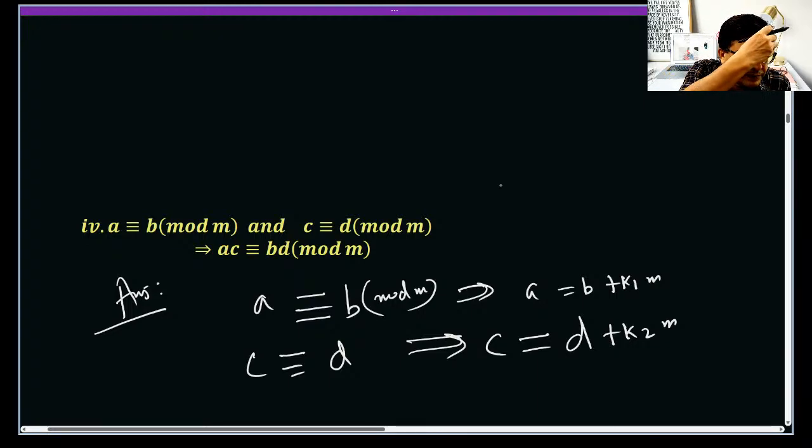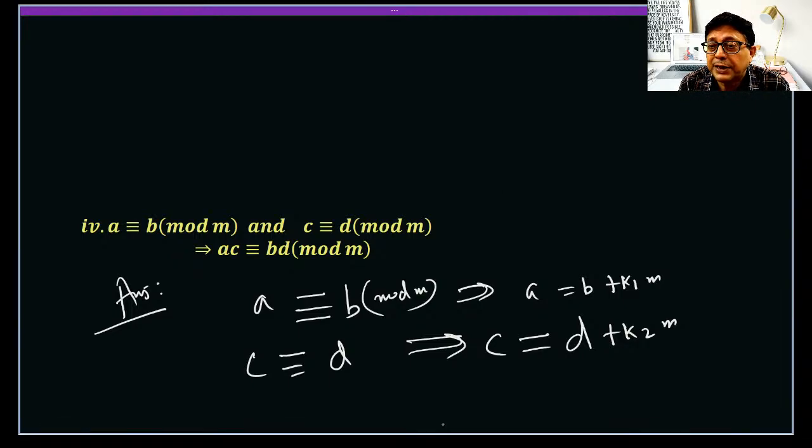This is alright. Now we are going to prove that AC congruent with BD mod M. You can multiply these two, and from there you can prove AC and BD will come here.